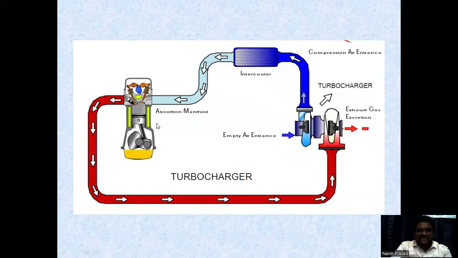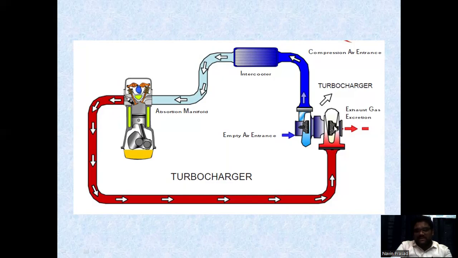So this is the IC engine. The red color gases are nothing but the exhaust gases. The exhaust gas from the engine is directly passed into the turbine section. This exhaust gas strikes the turbine blades, and while striking, it starts to rotate the turbine blades.